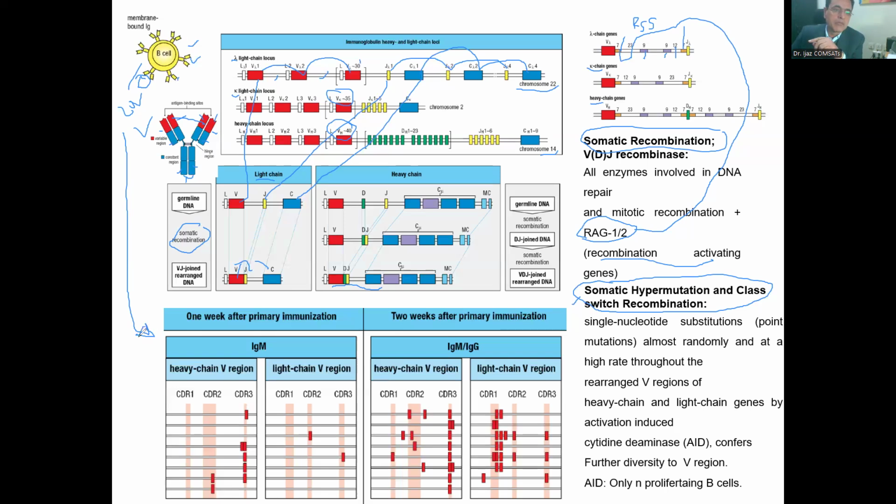Then after this particular process, this antigen antibody matching that happens there in the lymphatic system, and proliferation of the B cells occurs. And as you know, initially the immunoglobulin that is expressed on the surface is IgM, right?